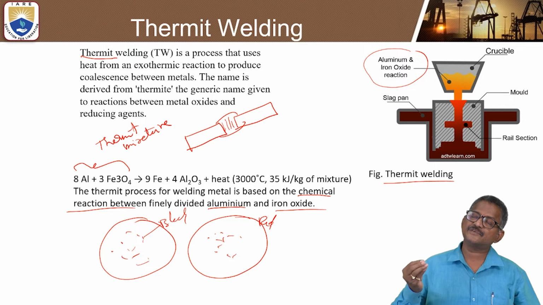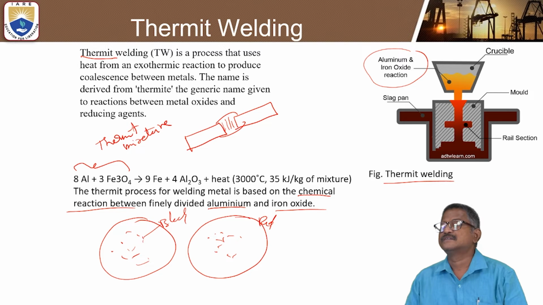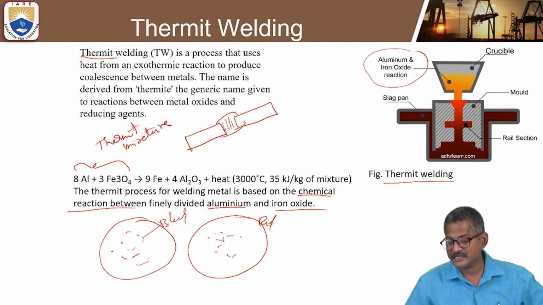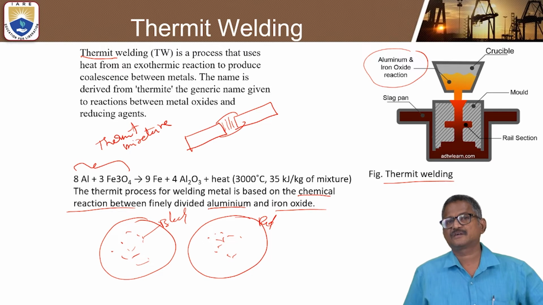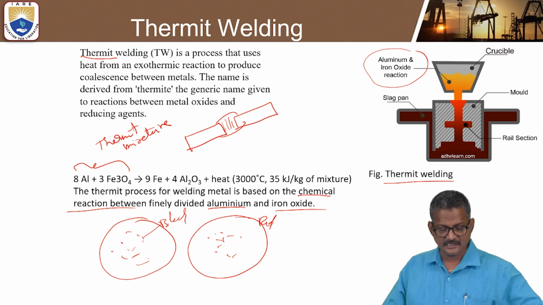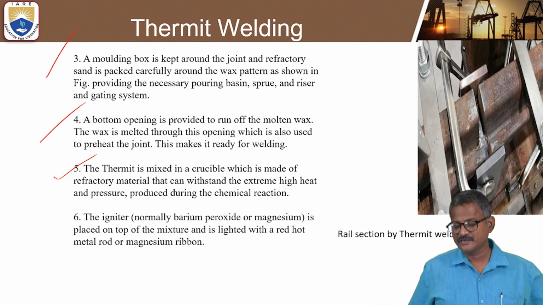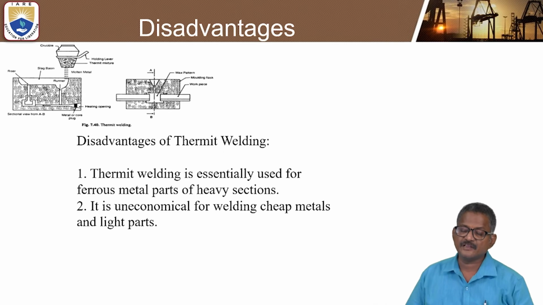Some heat is generated, and the temperature is more than 300 degrees centigrade, as exothermic reactions take place in these regions. So this is about the thermite welding process.